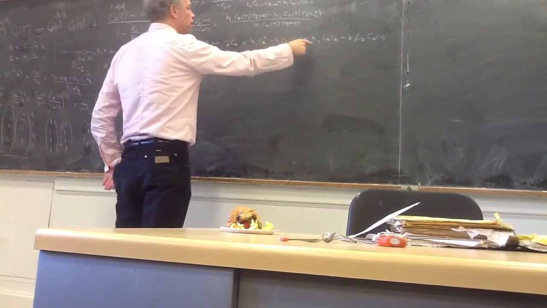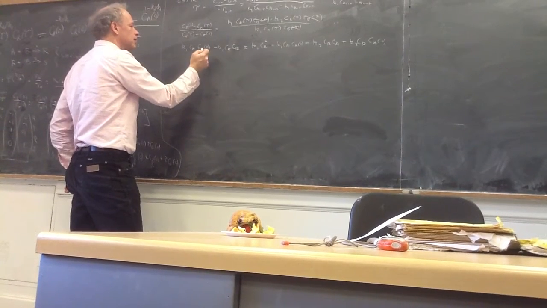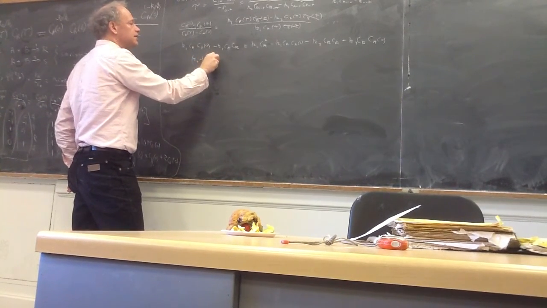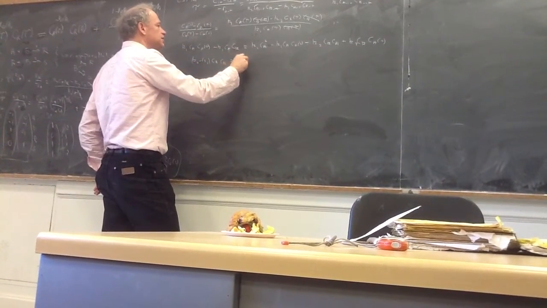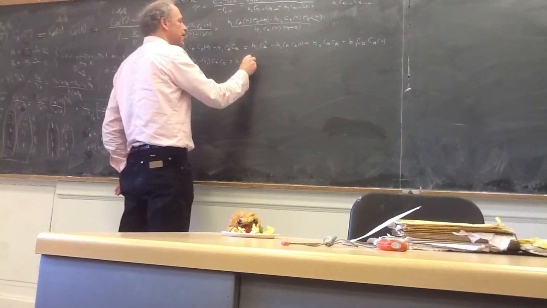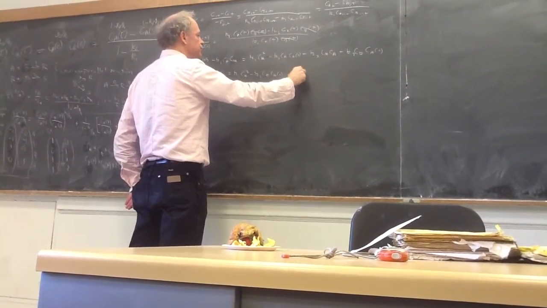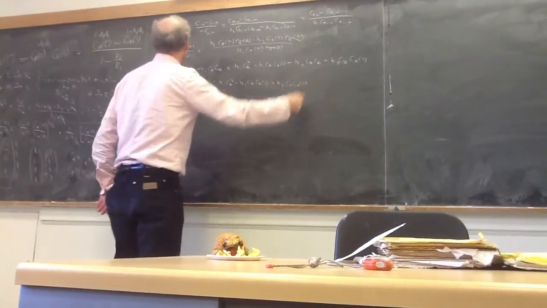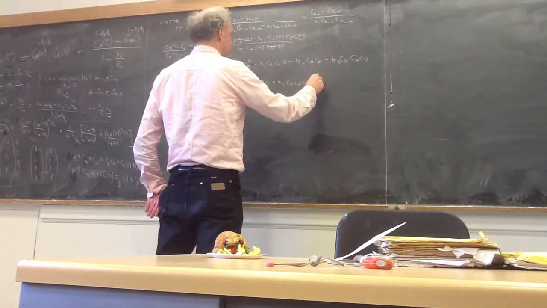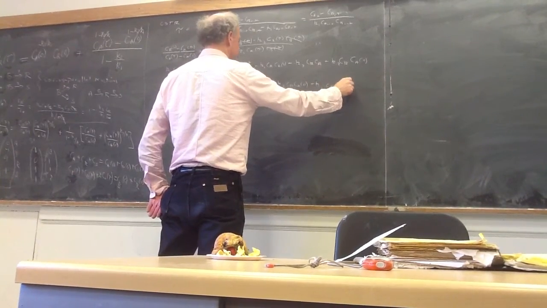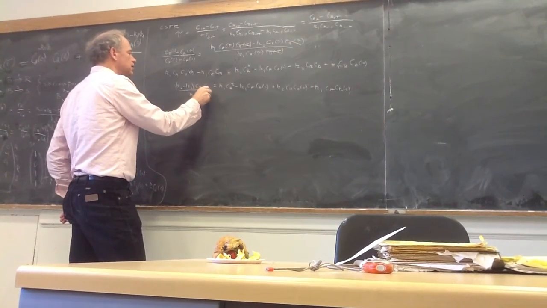So I can move this to the other side of the equation. I have K2 minus K1 CA CR is equal to K1 CA squared minus K1 CA CA of 0 plus K2 CR CA of 0 minus K1 CA CR of 0. And now I divide both sides by K2 minus K1 CA.